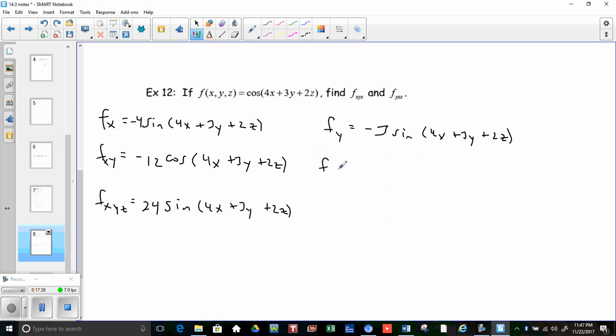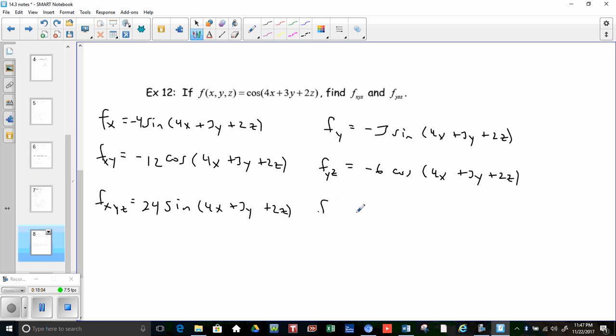And then the derivative with respect to z, I'm sorry, I keep forgetting to put the first one in there, yz, is going to be the derivative of this thing with respect to z, which gets multiplied by a 2. Derivative of sine is going to keep the same sign, so it's going to be negative 6 cosine 4x plus 3y plus 2z.